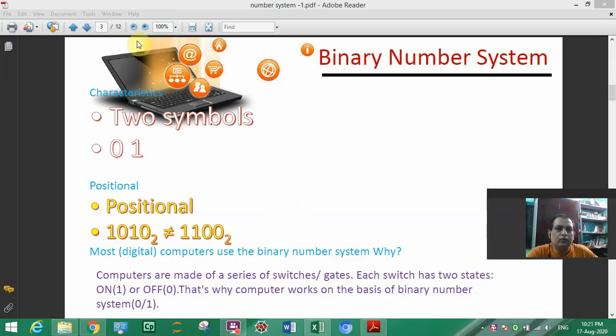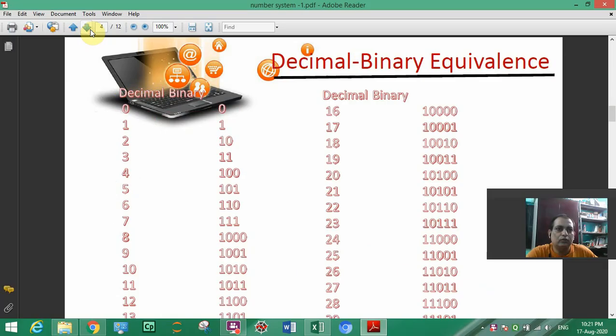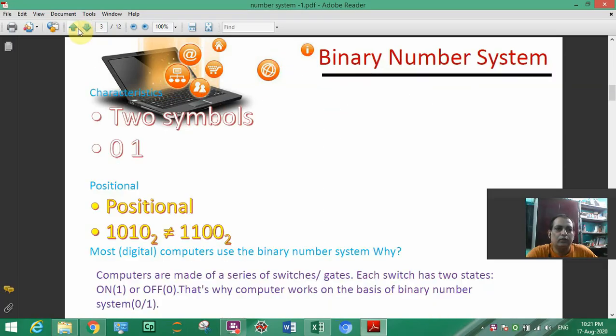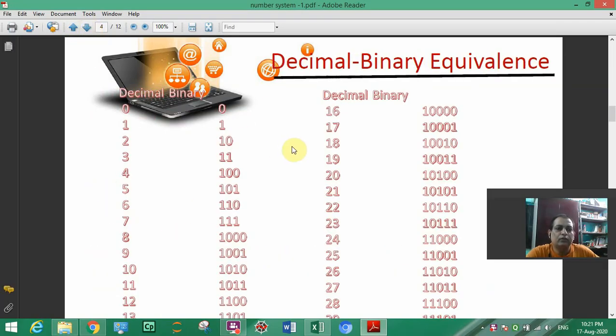Next, first we are going to see decimal to binary equivalents. If you write 0 in the decimal number system, then what will be the binary of it? That is 0. 1 in binary is also 1. For 2, this symbol 2 is not present in the binary number system.